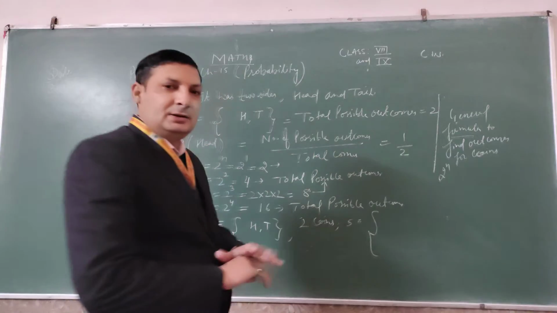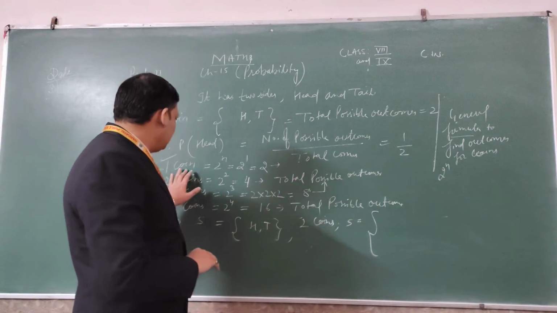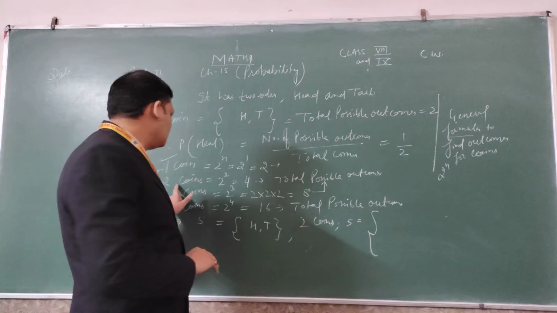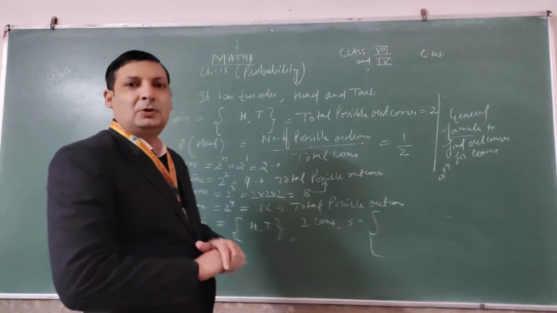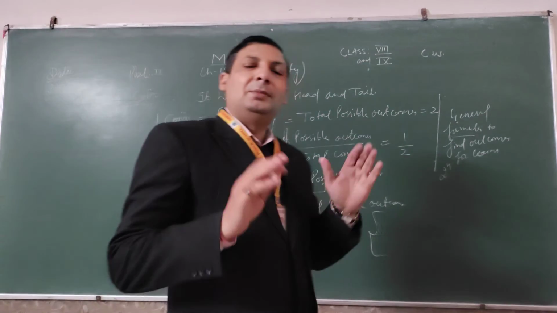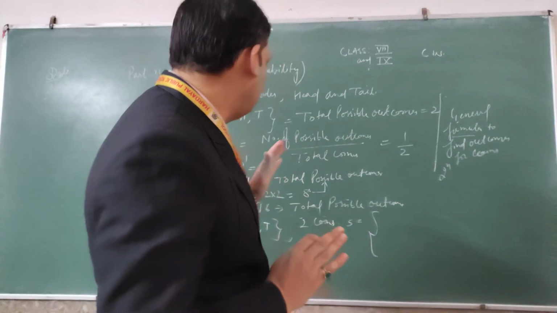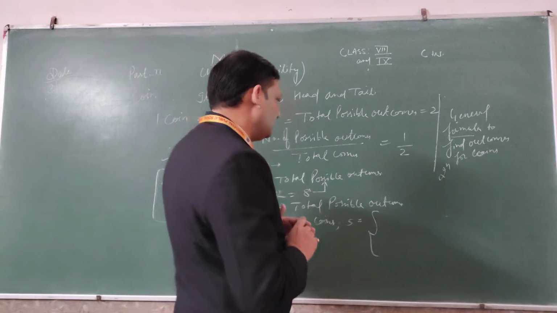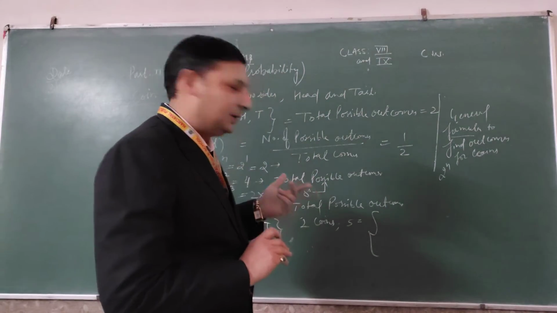We have already learned that when we toss 1 coin, we get 2 possible outcomes. When we toss 2 coins, 4 total possible outcomes will come. So beta, whenever we have to write the sample space for coins, in our mind we will half the total possible outcomes. Half of 4 is 2.